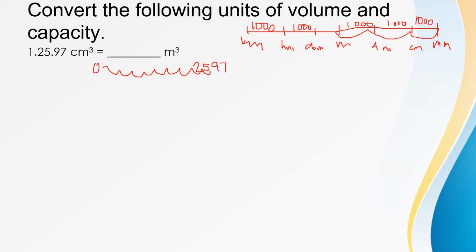Then dito yung ating 0. So we have 1, 2, 3, 4, 5, 6, 7, 8, 9, because we started here, no?